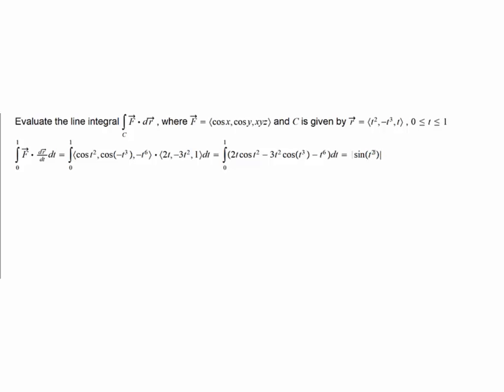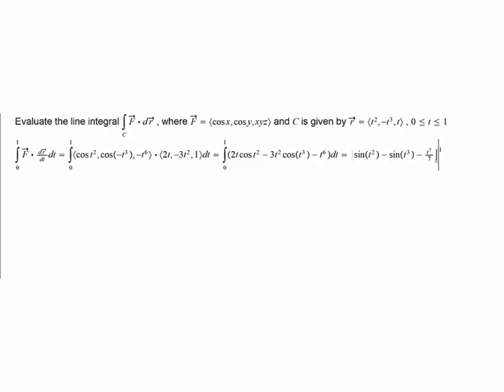And then this negative 3t squared is the negative of the derivative of t cubed, so that will simply become negative sine t cubed. And then for this negative t to the 6, the antiderivative is who? t to the 7 over 7, if I'm not making any mistake, and the limits of the integration are 0 to 1.